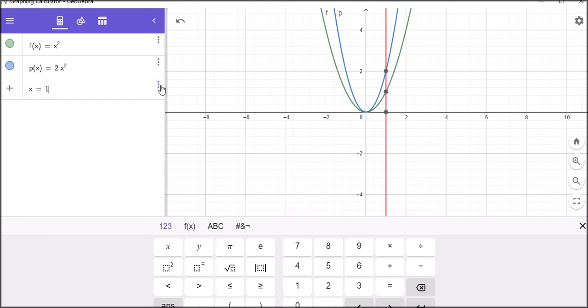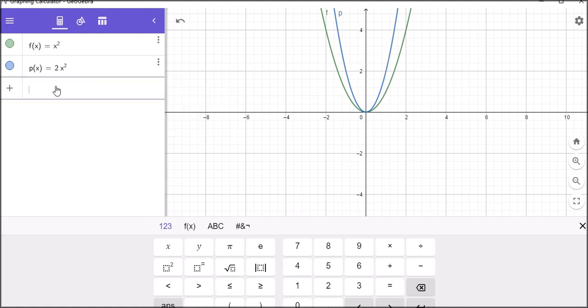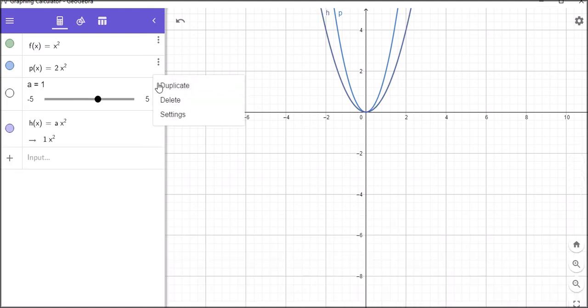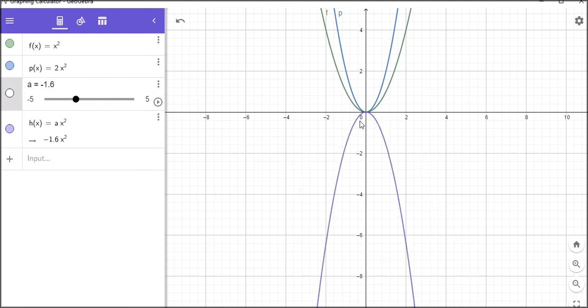Now I want to set up another function with a changeable a, like a x squared. Here, a can change. From negative, we can see negative 1.6 here. The opening is down because a is negative.